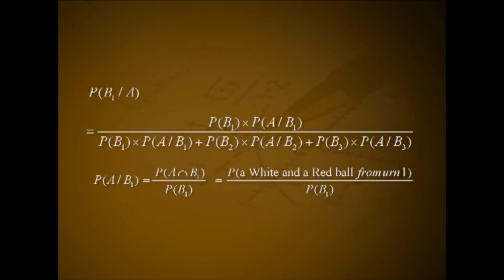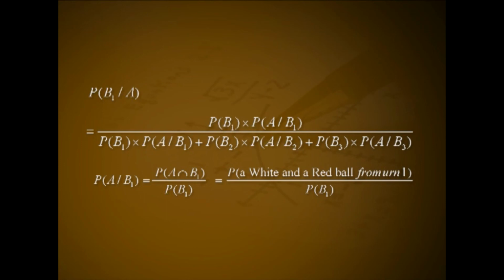By Bayes' theorem, P of B1 given A equals P of B1 into P of A given B1 divided by P of B1 into P of A given B1 plus P of B2 into P of A given B2 plus P of B3 into P of A given B3. P of A given B1 equals P of A intersection B1 divided by P of B1.